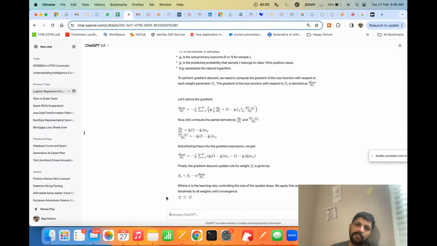So we differentiate the loss with respect to the variable. So wj is equal to wj minus the derivative of loss with respect to wj.